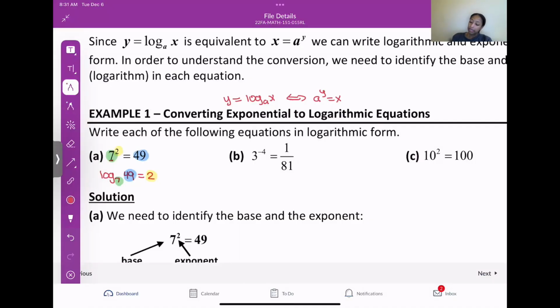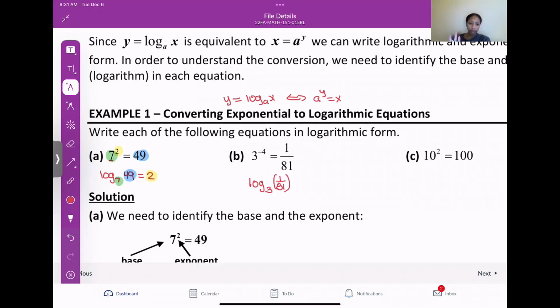All right, let's do this one more time, or 2 more times. For 3 to the negative 4th power equals 1 over 81, the base here is 3, so we'll have log base 3 of 1 over 81. Again, you can put this in parentheses if you want to.